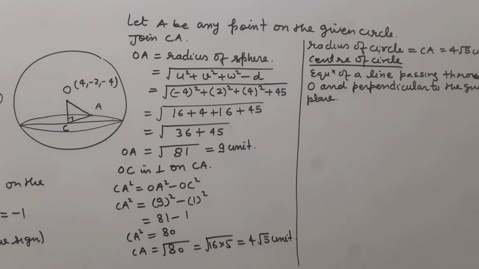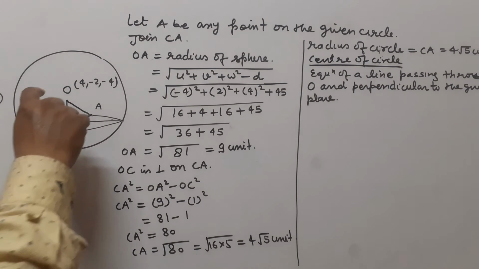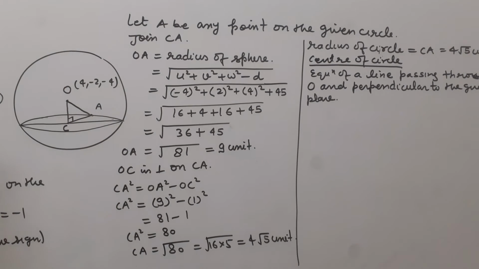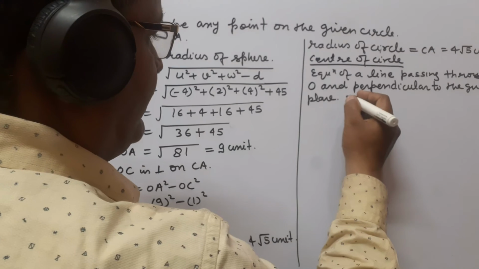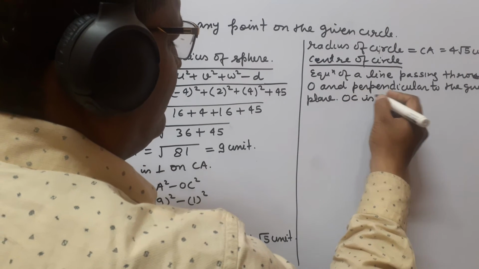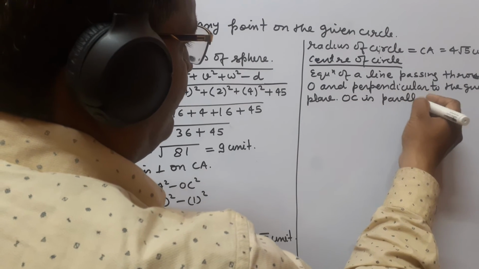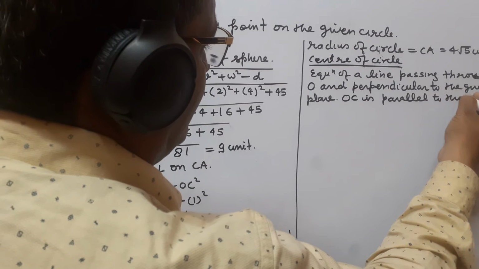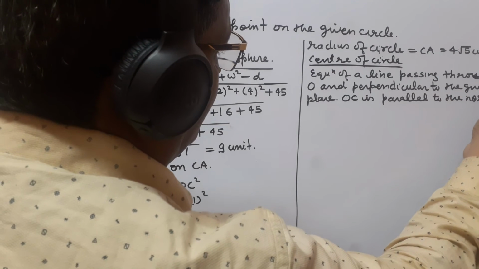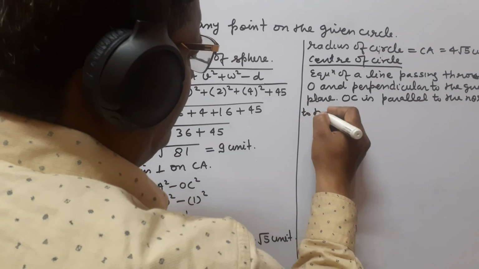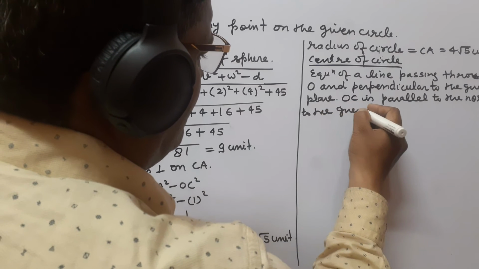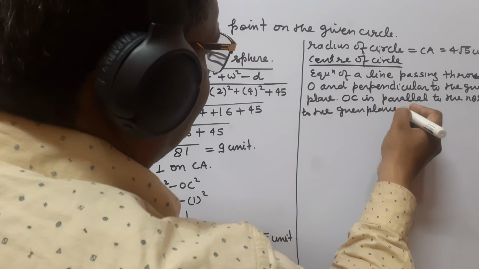So the direction ratios of the normal to the plane are proportional to the direction ratios of OC. Here OC is parallel to the normal to the given plane.